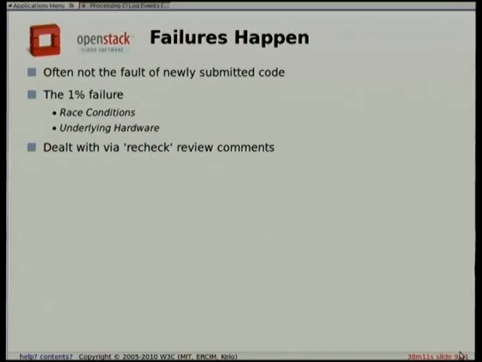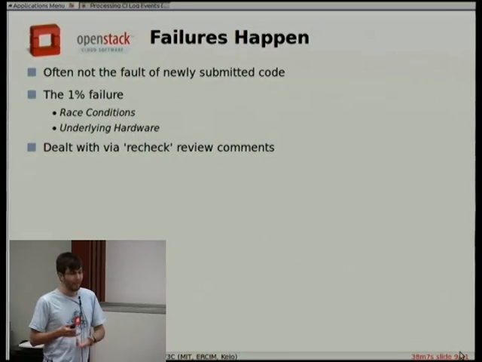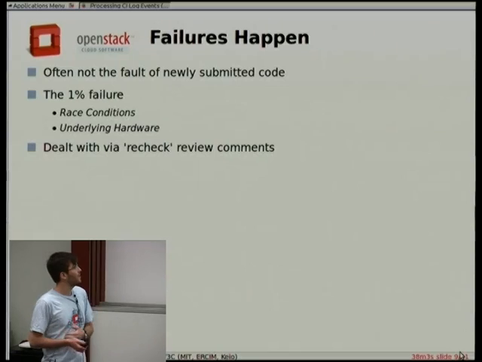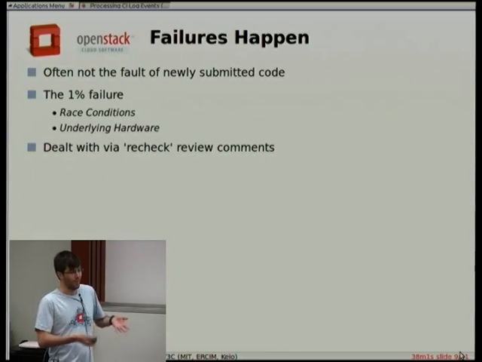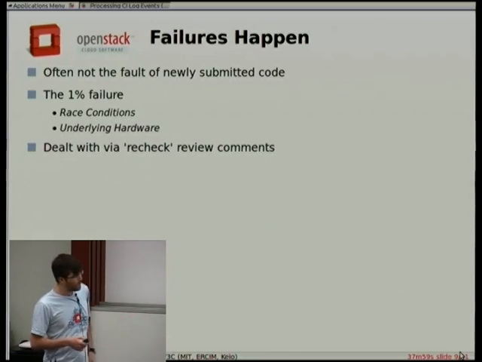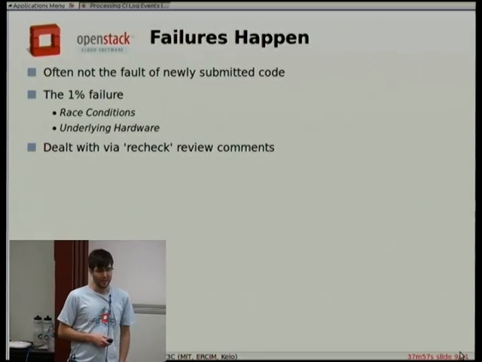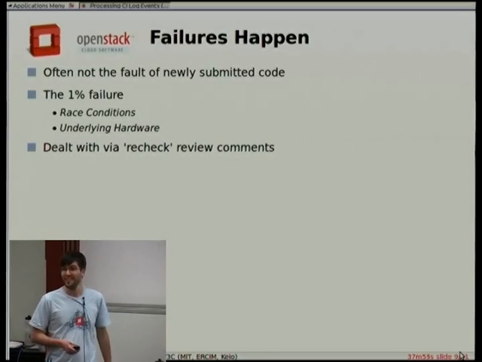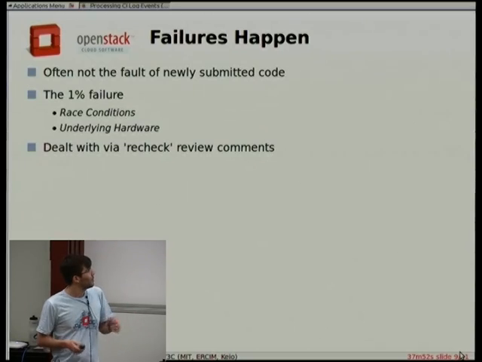So a lot of what we've done is trying to help developers where they know their code is good or they've tested it locally, it passes, that are running into problems that exist previously in the system that need to be fixed in order to get the test to pass. The first attempt at this was basically we said, well, just rerun the tests. And you can do that with a recheck review comment.